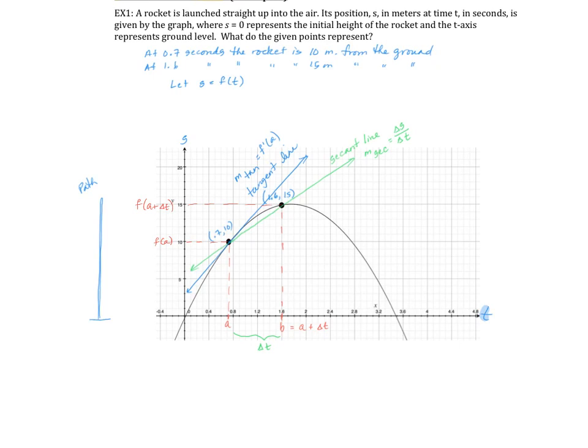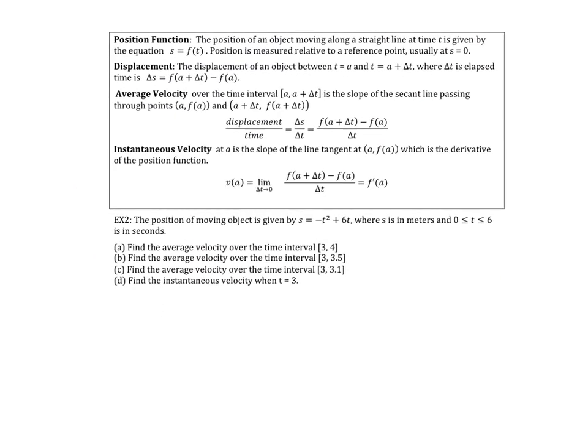The distance between the y values is delta s. It's how our s values are changing, and that delta s is our displacement. This is just a bunch of notation, and this is where we use that notation.